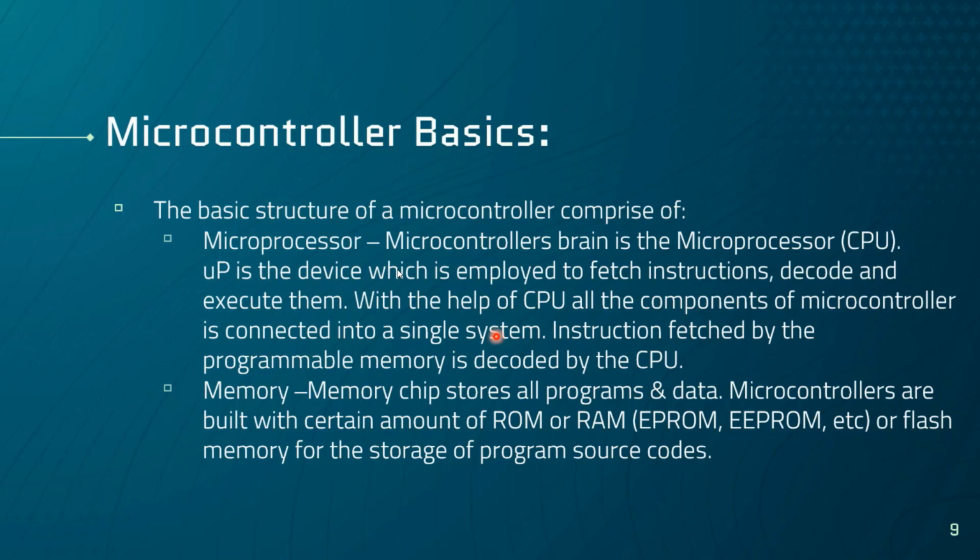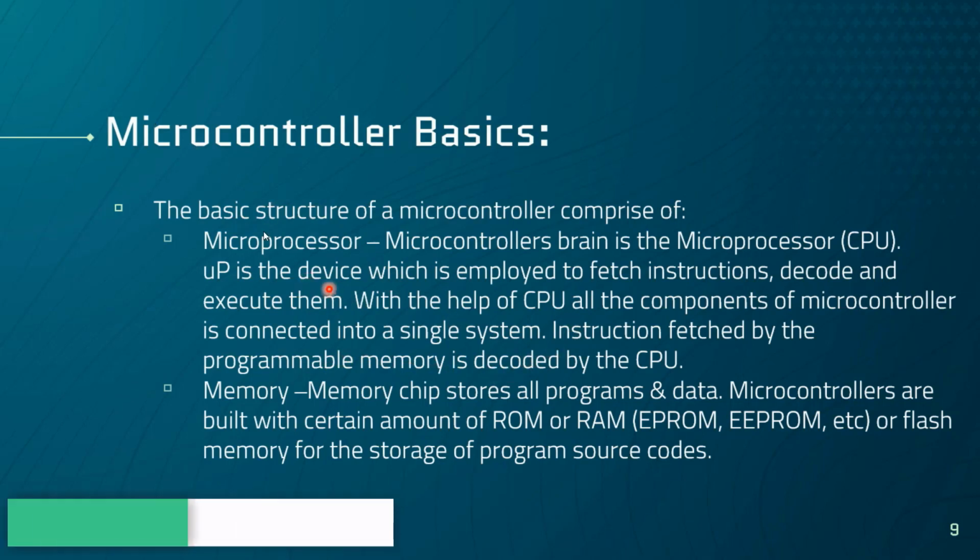And then if, for example, it decodes a certain instruction that is related to a certain functionality, it's going to go to the intended IC and execute that functionality. So the CPU is the heart of the system. Instructions fetched from programmable memory are decoded by the CPU. So that's the microprocessor. And then we have a memory.